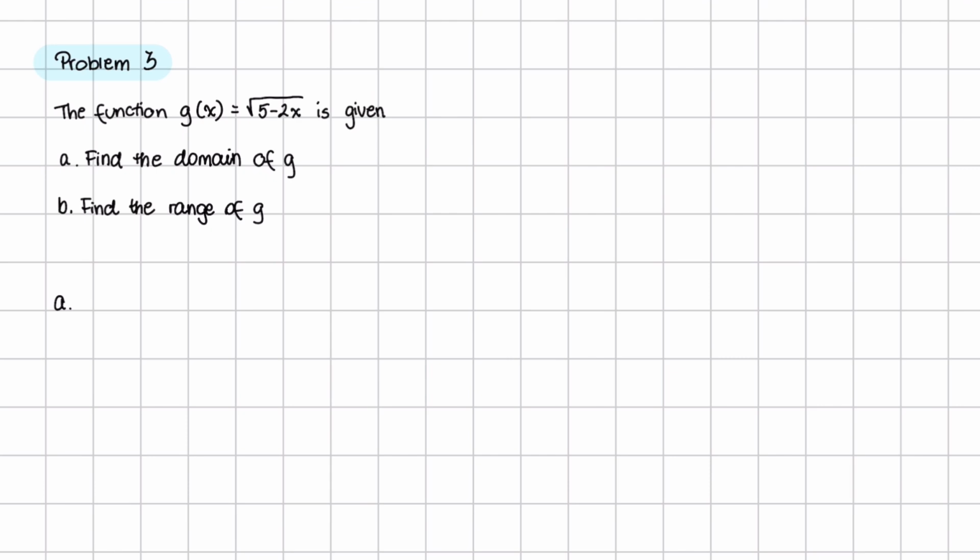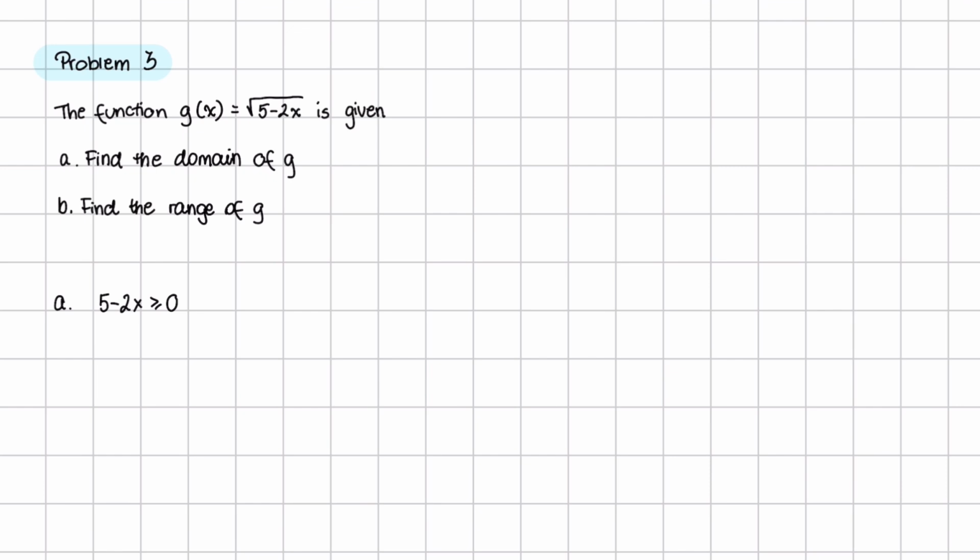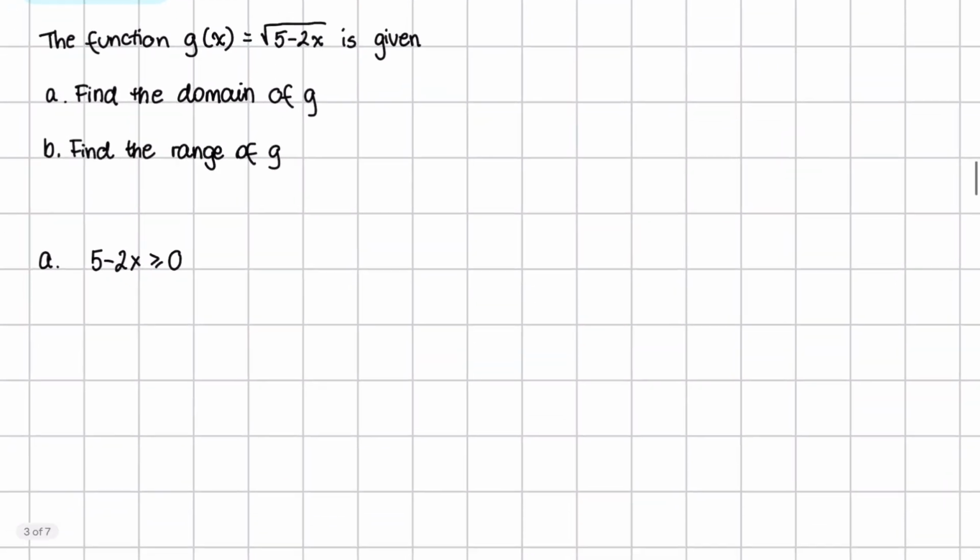So our 5 minus 2x has to be greater than or equal to 0. In other words, everything under the root cannot be negative.